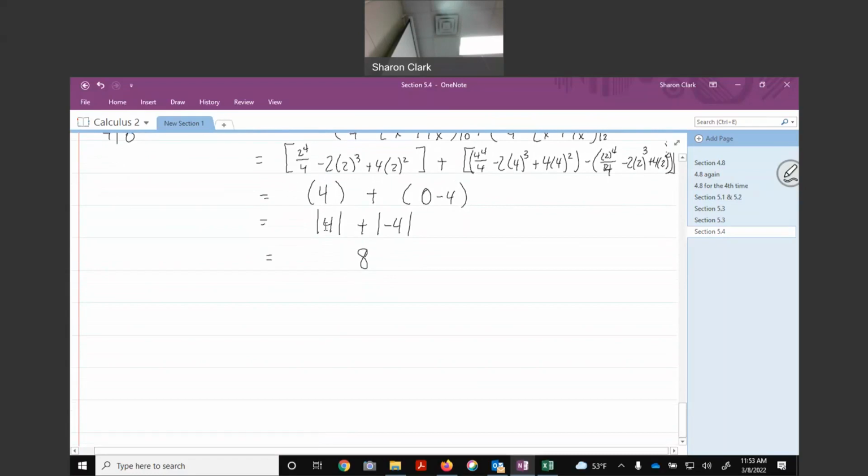So example: find the area of the shaded region. Okay.